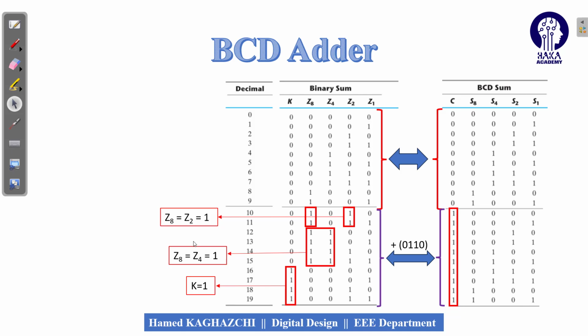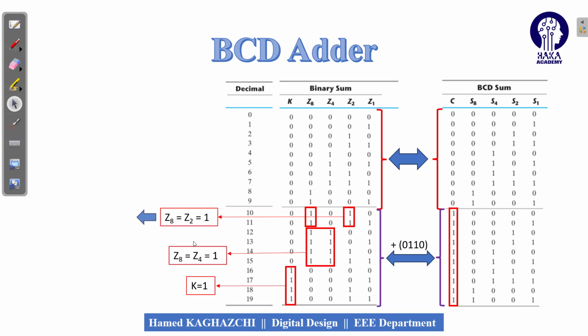Now how can we draw the actual digital design of these conditions? We say that when Z8 and Z2 both of them are 1, when Z8 and Z4 both of them are 1, or K is equal to 1, we have to add 6.